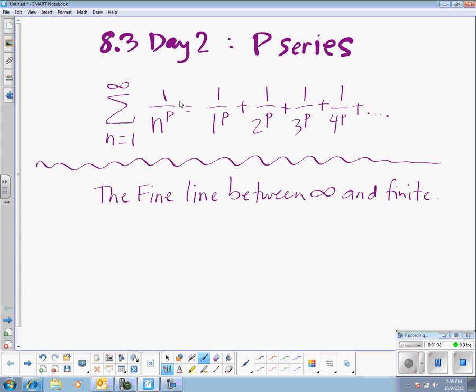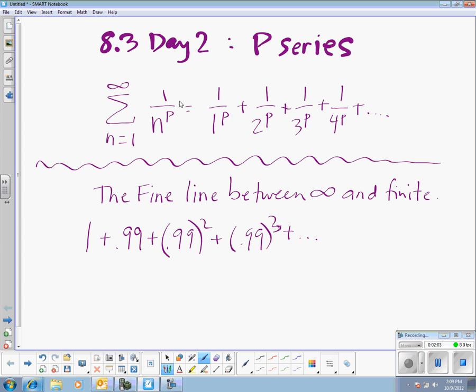For example, if I start with the number 1 and I add to that, multiply by 0.99, let's say, and then I multiply by 0.99 squared, or by 0.99 again. So if the terms of my series are 1, 0.99, 0.99 squared, 0.99 cubed, this is geometric.